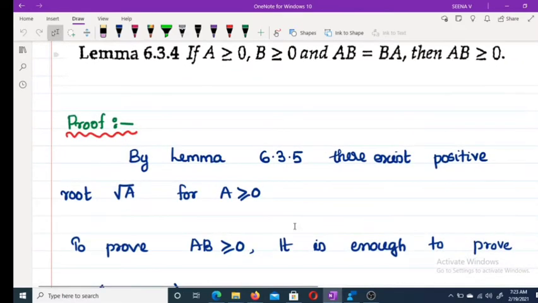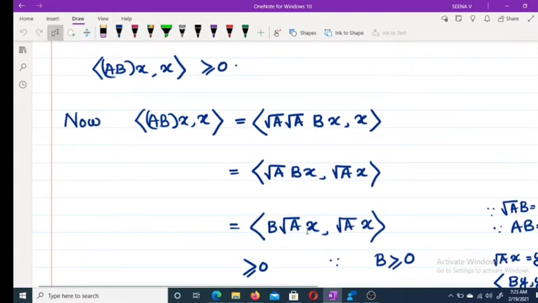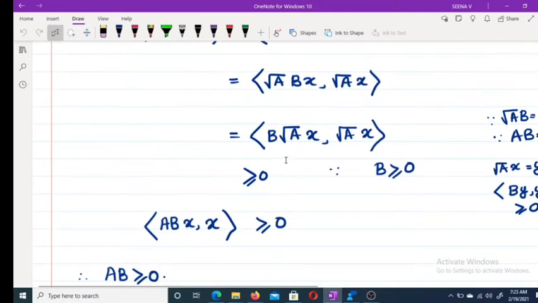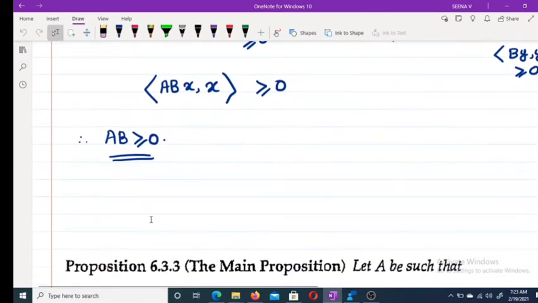So root a B x, root a x. If you take root a x as some y, then we get inner product of By, y. But b is greater than or equal to 0, therefore inner product By, y is greater than or equal to 0. Therefore inner product ABx, x greater than or equal to 0, which implies ab greater than or equal to 0.